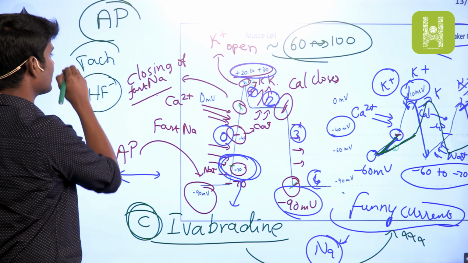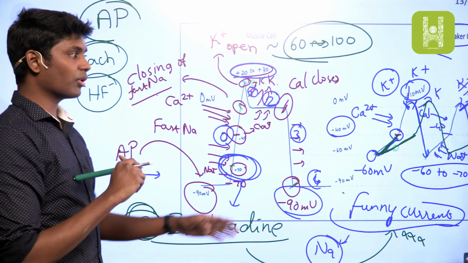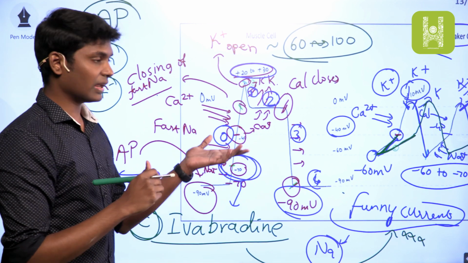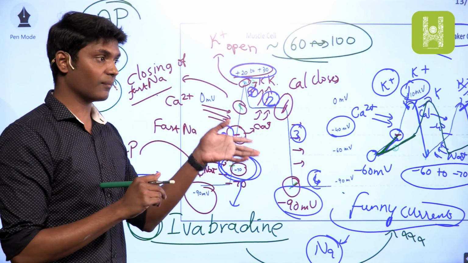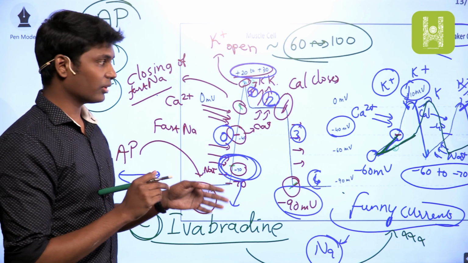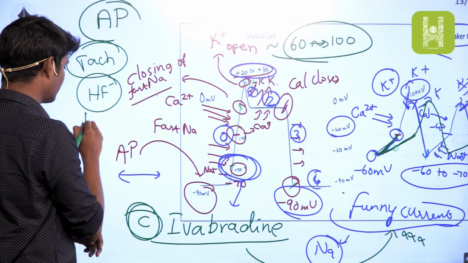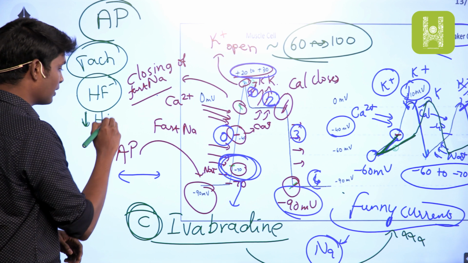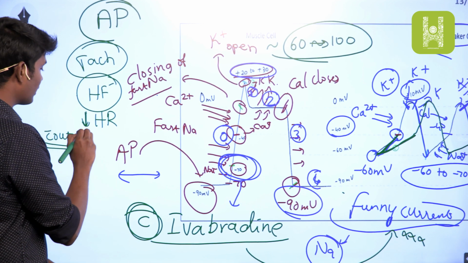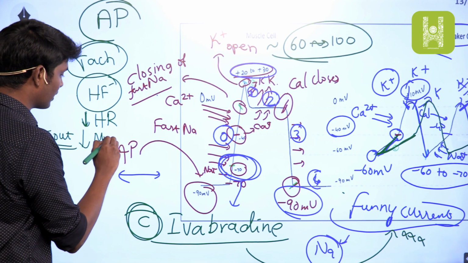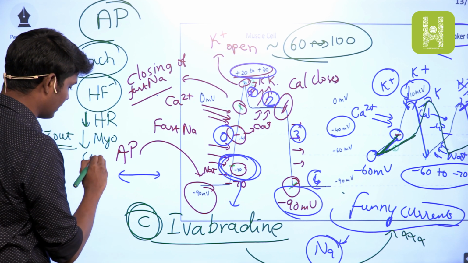One important thing is that it doesn't cause any depression of the myocardial cells. You have to remember, it only reduces the rate at which the sinus node fires. So there is only reduction of heart rate without reduction of myocardial contractility.